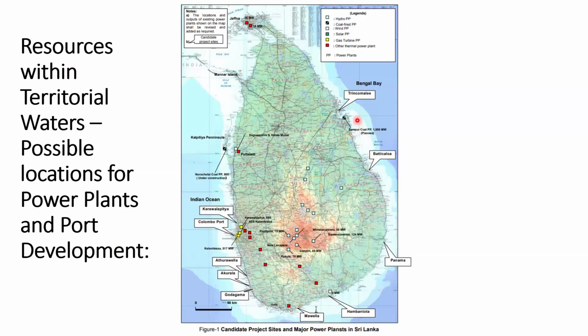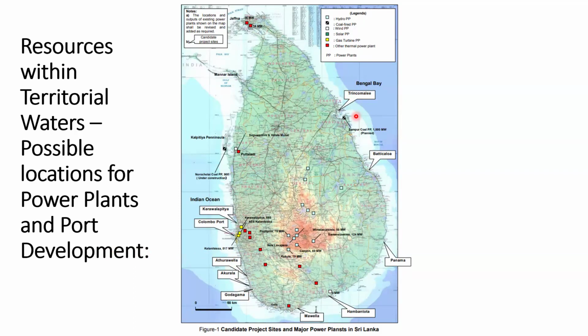Now there is Trincomalee. Previously a huge coal power plant was proposed there, but later the government cancelled that. Now why did we propose this kind of power plant in Trincomalee? Because we have to have a method to handle the fuel, that means the coal. To unload the coal, very big ships should come into these ports.